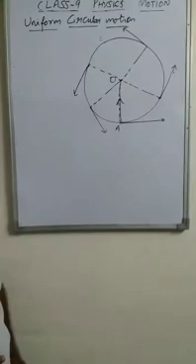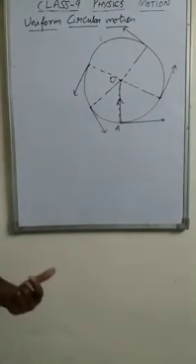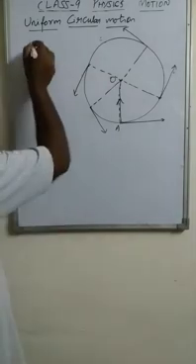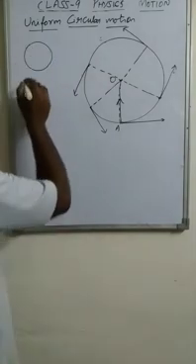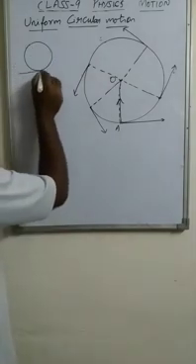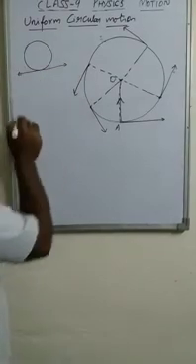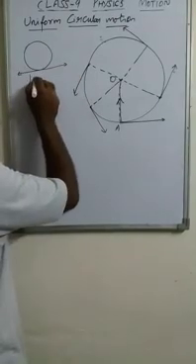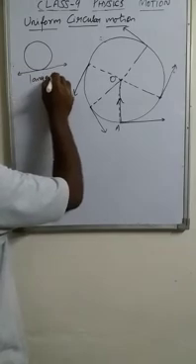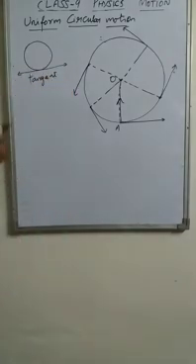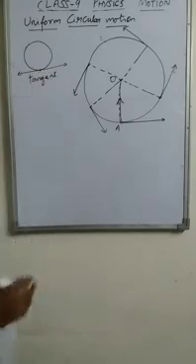This we call, I think you must know what the line is called which touches the circle at only one point. That is tangent. A line which touches the circle at only one point is the tangent.